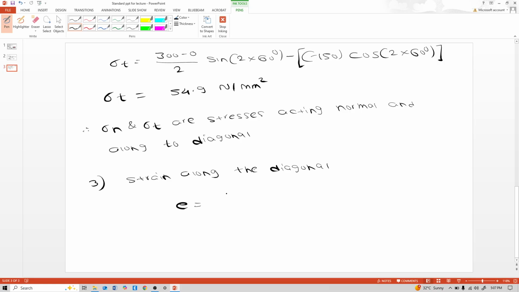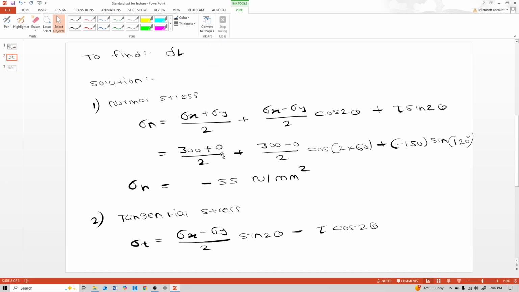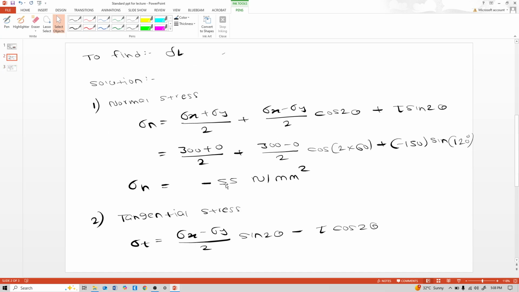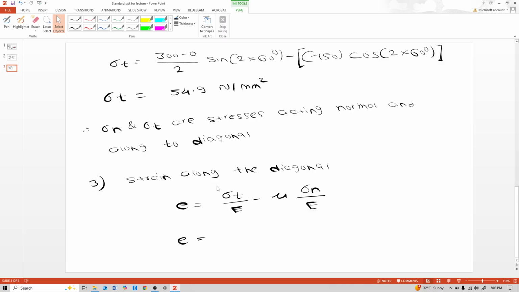The formula is epsilon is equal to sigma t upon E minus mu into sigma n upon E. Sigma n is minus 55 and sigma t is plus 54.9.